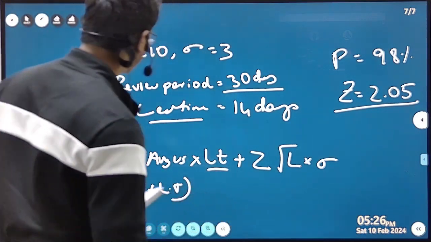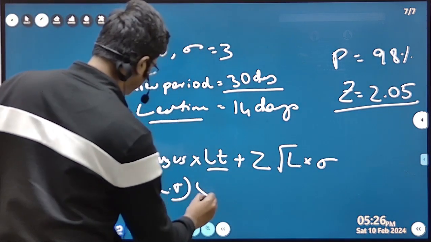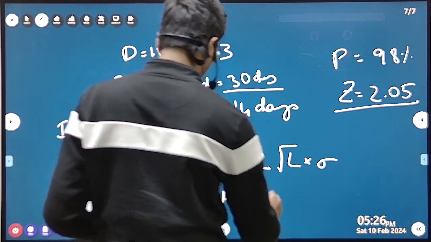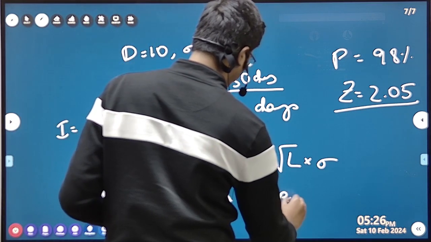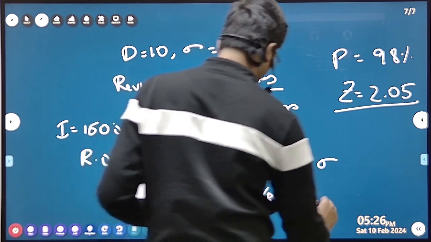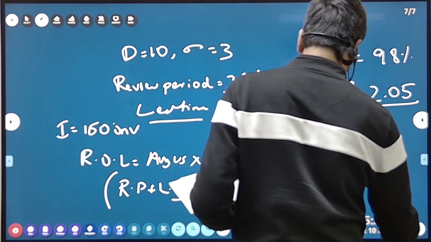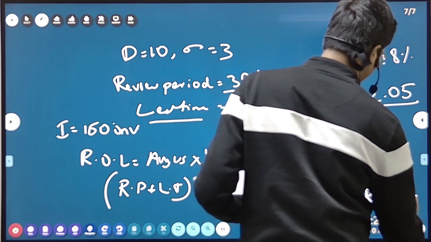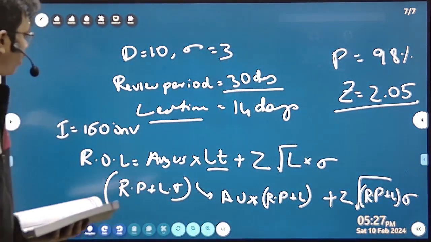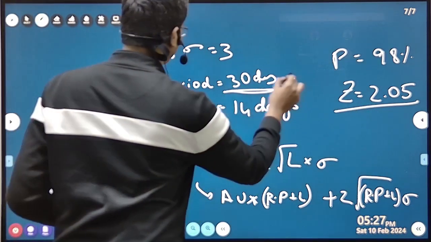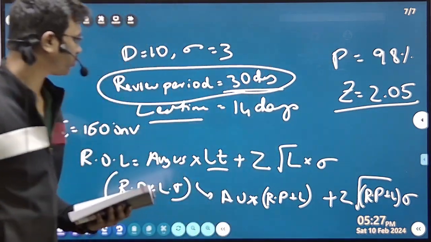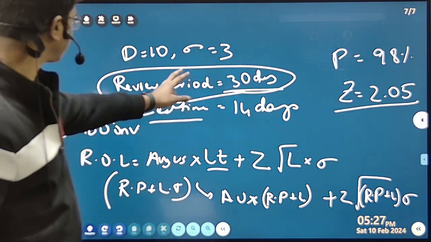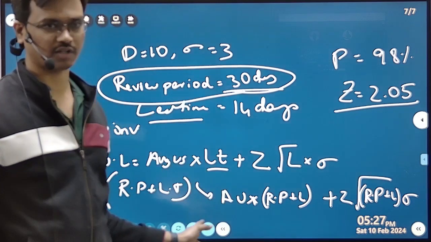So this will become average usage into the review period plus lead time, plus the same Z, and lead time here also will be the review period plus lead time, into standard deviation. Because you are not reviewing your stock daily, you are placing your order 30 days late. So for that 30 days also you have to take into account your reorder level.